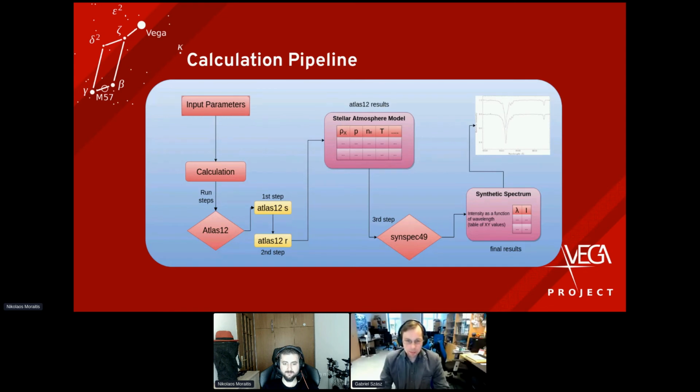We can calculate a spectrum for every single parameter set. What we can do is select discrete parameter combinations, calculate the spectrum for these combinations, and then interpolate in between.